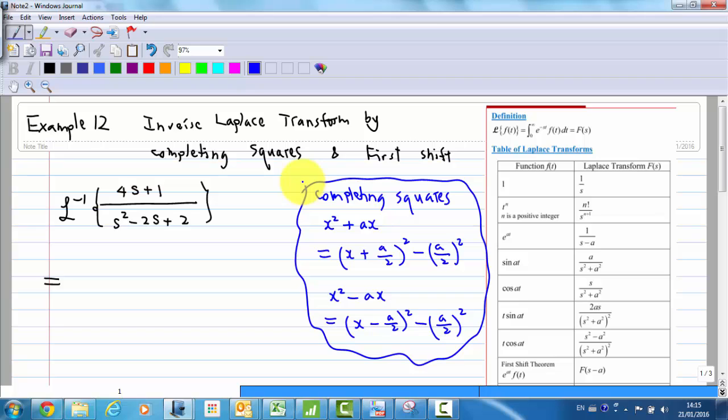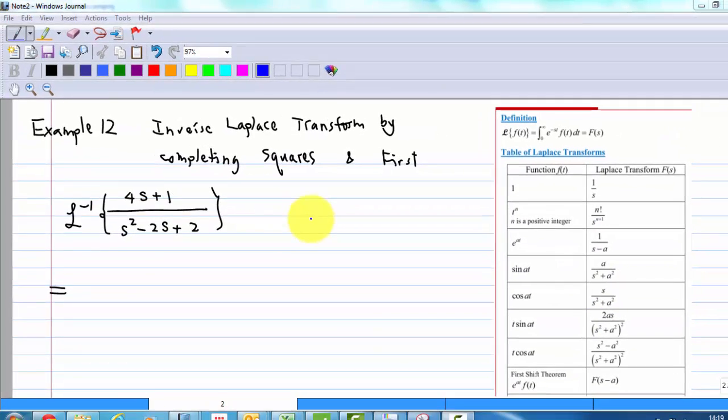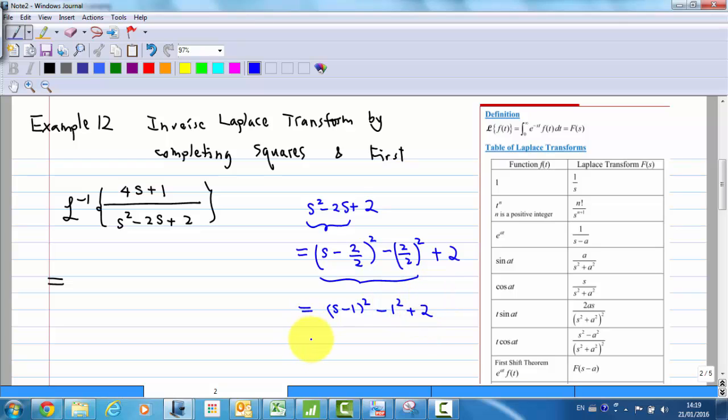Now, we are going to look at s squared minus 2s plus 2. If you complete the square, s squared minus 2s is (s minus 2 over 2) squared minus (2 over 2) squared, plus 2, which is (s minus 1) squared minus 1 squared plus 2, which is equal to (s minus 1) squared plus 1.